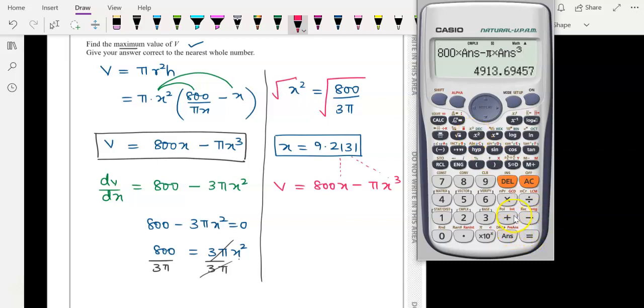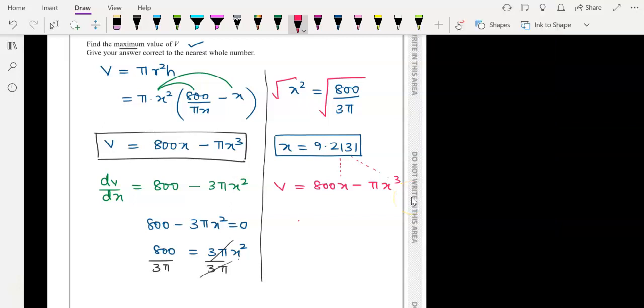That gives me 4913.69. The question says round the answer to the nearest whole number. When it says nearest whole number, it means I don't need any decimal answer. So after the point, we have 6, which is a strong number, so you increase it by 1. So your final answer will be volume is 4913 cubic centimeter. And this is the maximum value of V.